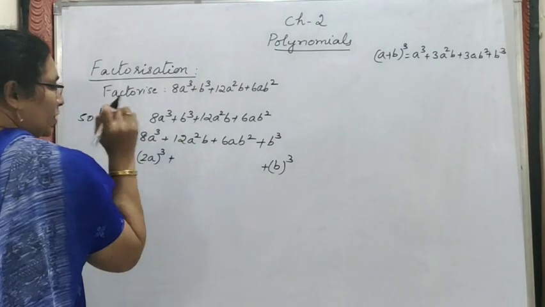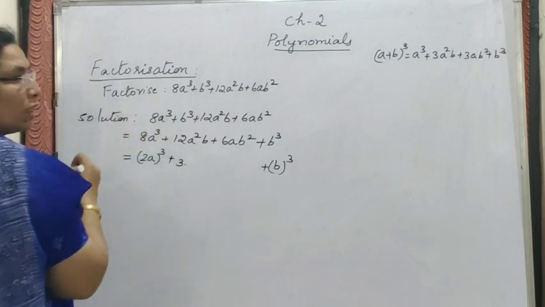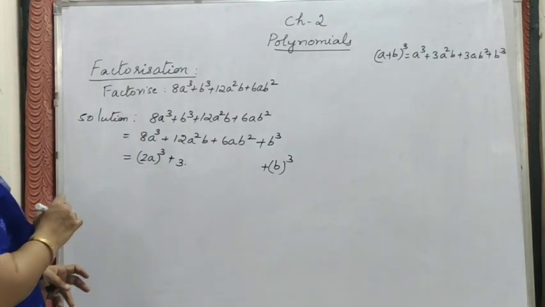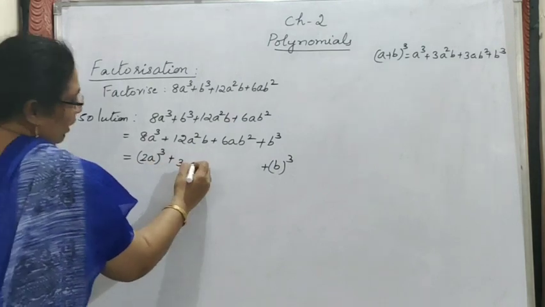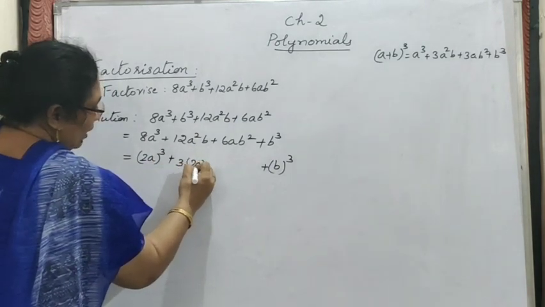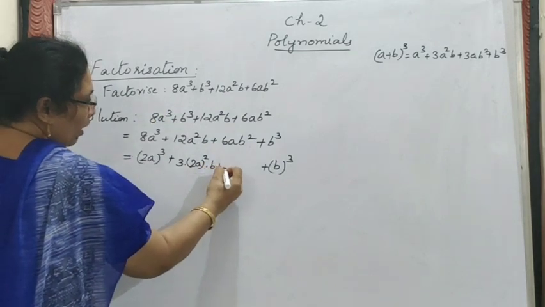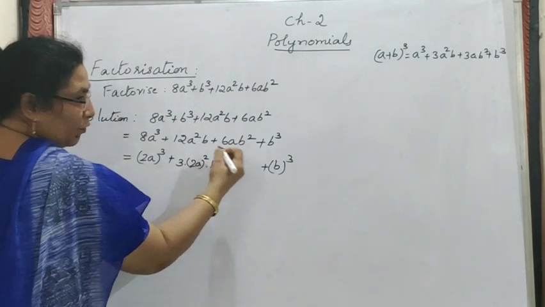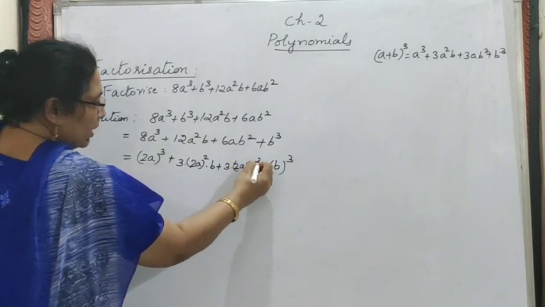So it is 12a²b only. Now the middle term is 3a²b we need. So 3 anyhow by formula only it is required. What is a for us? It is 2a only. So (2a)² I am writing. What is b here? It is b only.